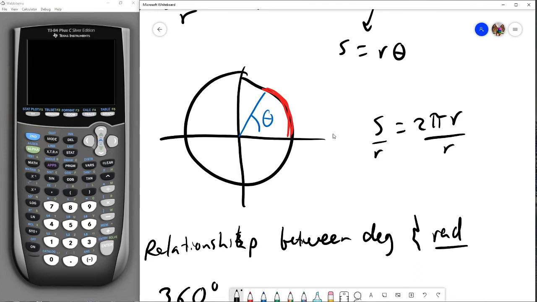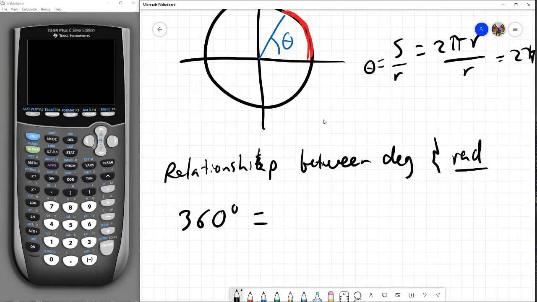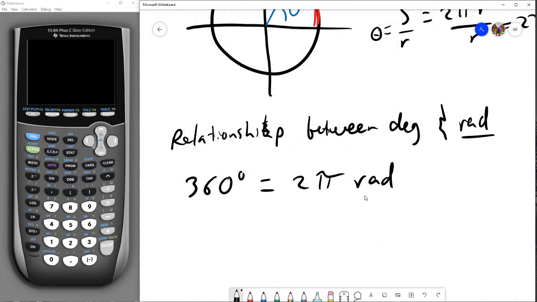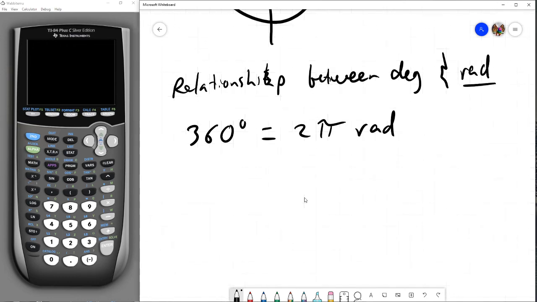So arc length over r, which is our theta, is s over r, which is 2 pi r divided by r, which is 2 pi. So 360 degrees equals 2 pi rad. It's technically not a unit, but it is still rad, and I like being rad because it's radical, but not in that radical meaning. All these math puns, delicious.